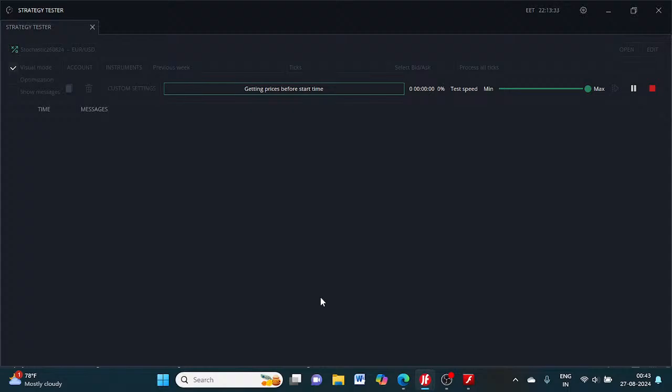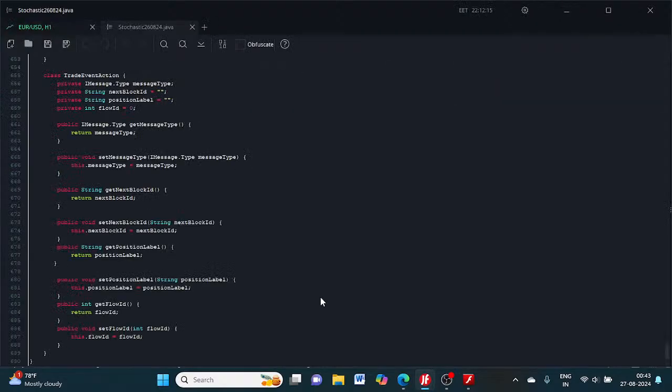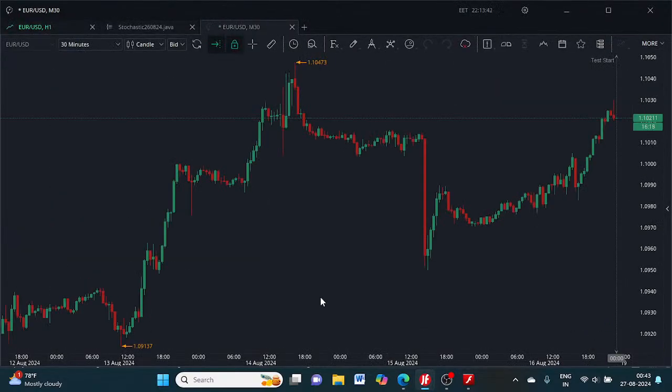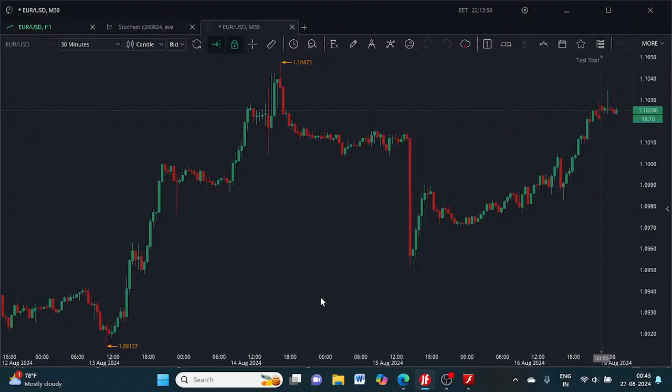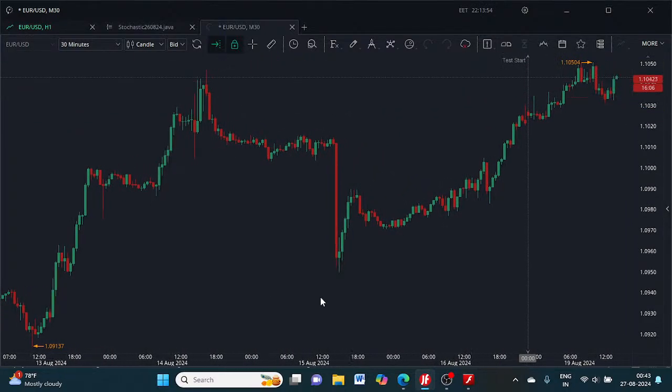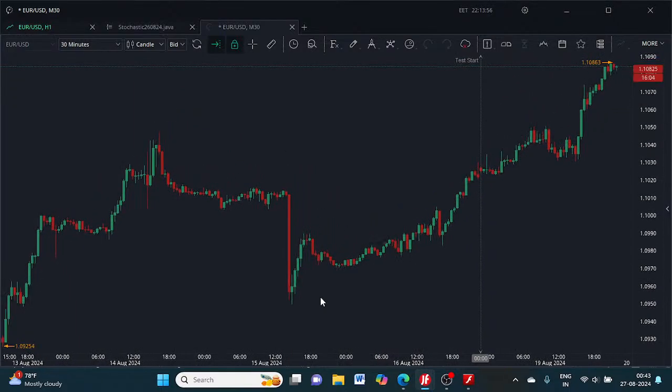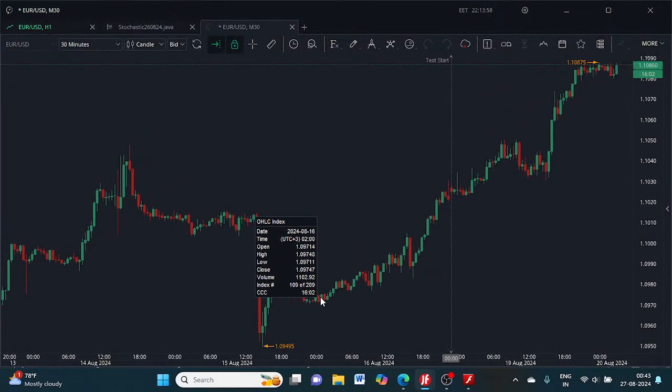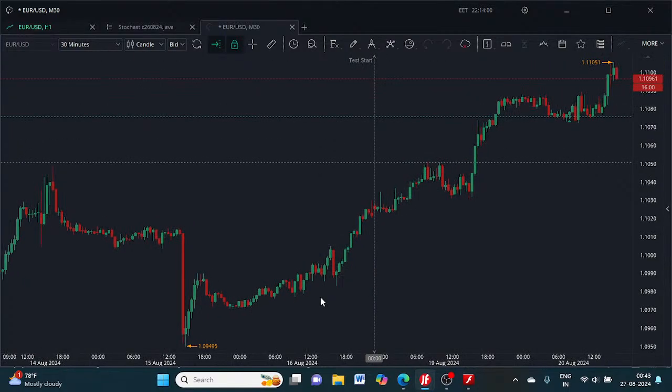Let us see what happens, the kind of trades which we can generate using this simple algorithm. Alright, this historical test has started, to see if the trades are happening or not.